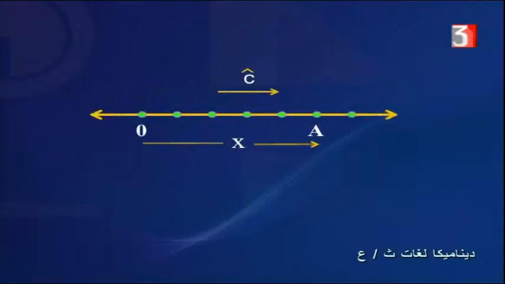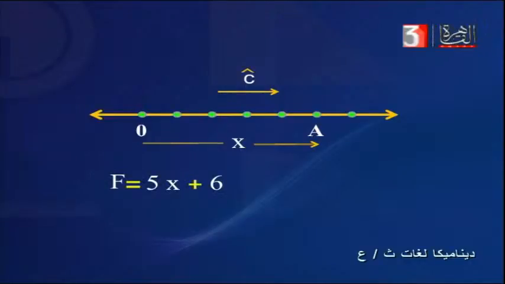Now, the body is at a distance x meter from the origin point O and at rest. A force F equals 5x plus 6 acts on the body in the direction of motion, and we know that ma equals F. M, the mass of the body, equals 1 kilogram, and the acceleration a of the body equals F, which equals 5x plus 6.